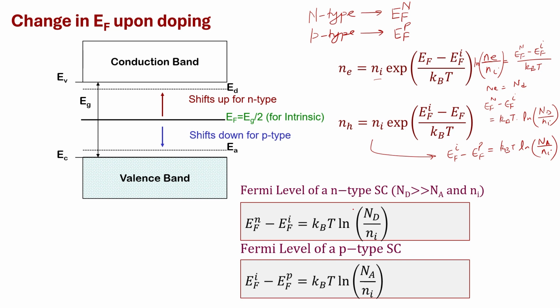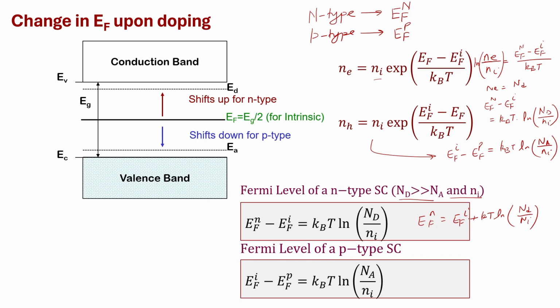For an n-type semiconductor, Nd is much larger than Na and Ni, so EFn minus EFi is equal to kBT ln of Nd divided by Ni, which means EFn is equal to EFi plus kT ln Nd by Ni.